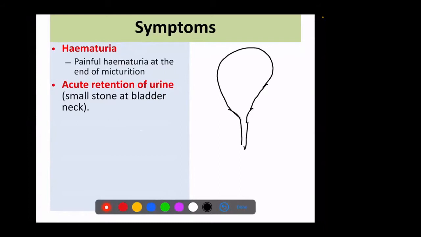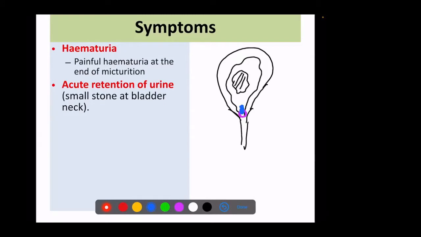Okay, see, this is the bladder neck, the exit point of the bladder. So if there is a big bladder stone, it cannot obstruct the opening, because it will be above the opening, and once the bladder is filled with urine, the stone will go away and the urine can easily pass. A small stone can tightly fit at the bladder neck and can obstruct.